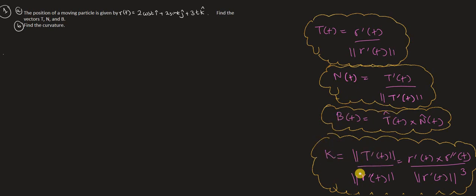For the curvature, there are two ways to find it. If we're given the tangent vector, we can take the derivative of it, take its magnitude, and divide it by the magnitude of the derivative of the vector function. Or, if we're not given the tangent vector, we can take the cross product of the first derivative of the vector function and the second derivative, divided by the norm of it to the power of 3, not cube root.